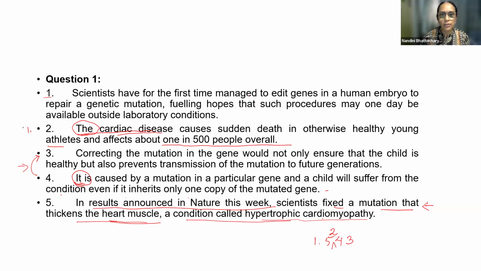Scientists have for the first time managed to edit genes in a human embryo to repair a genetic mutation. Yeah, here they are introducing the mutation, fueling hopes that such procedures may one day be available outside laboratory conditions. And then in results announced, scientists fixed a mutation that thickens the heart muscle.